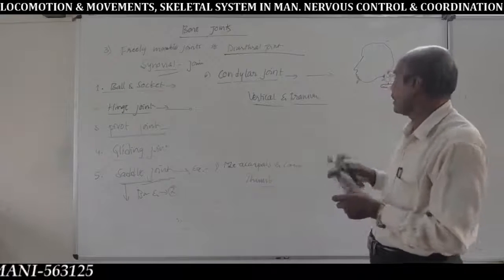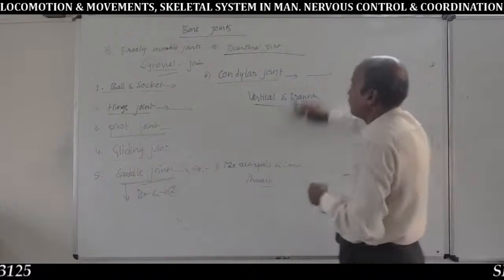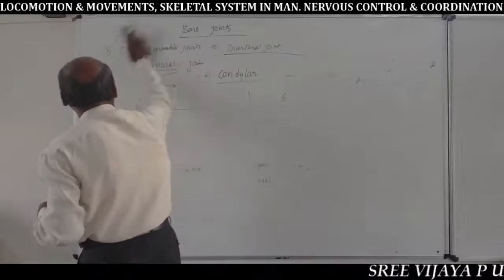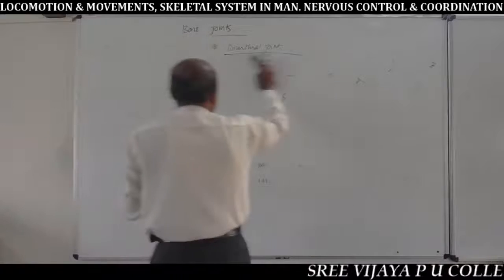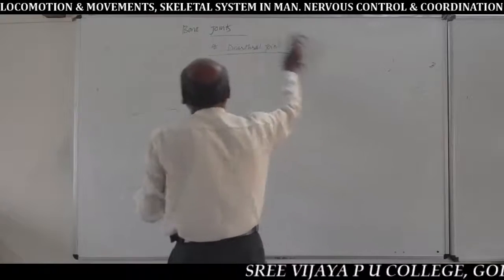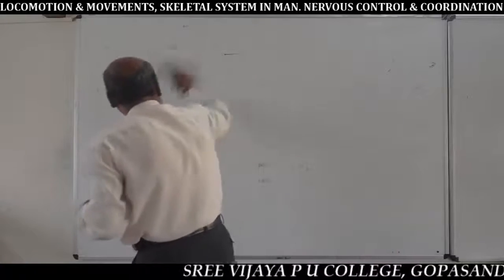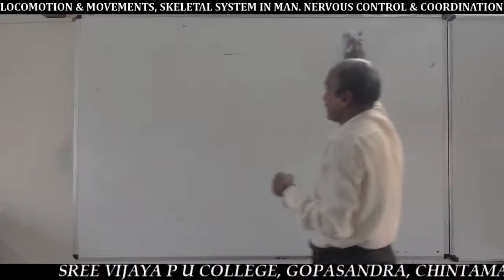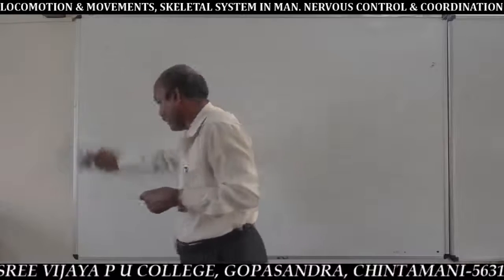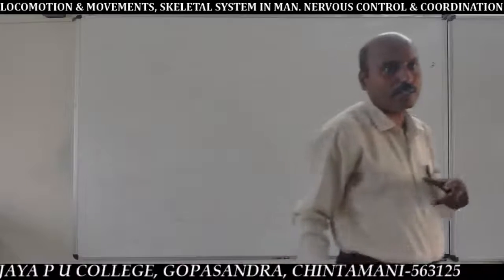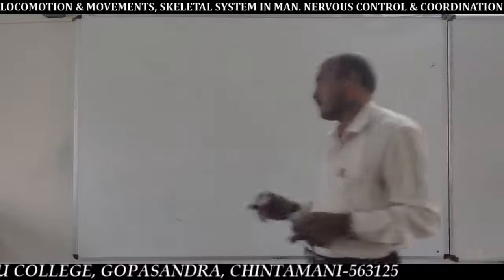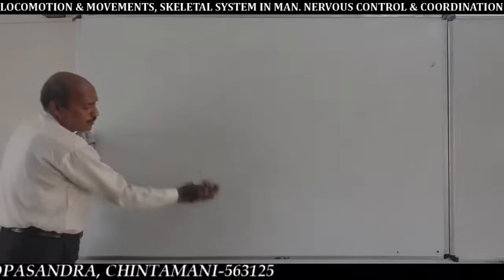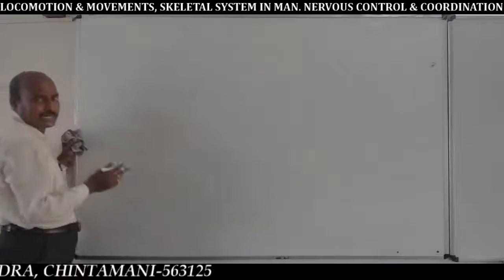Till here is the topic of bones joints like immovable joints, slightly movable joints, and freely movable joints. And the last topic of the locomotion and movement lesson: disorders and diseases of the muscle and skeletal system. Here there are several disorders of the muscular system or skeletal system.